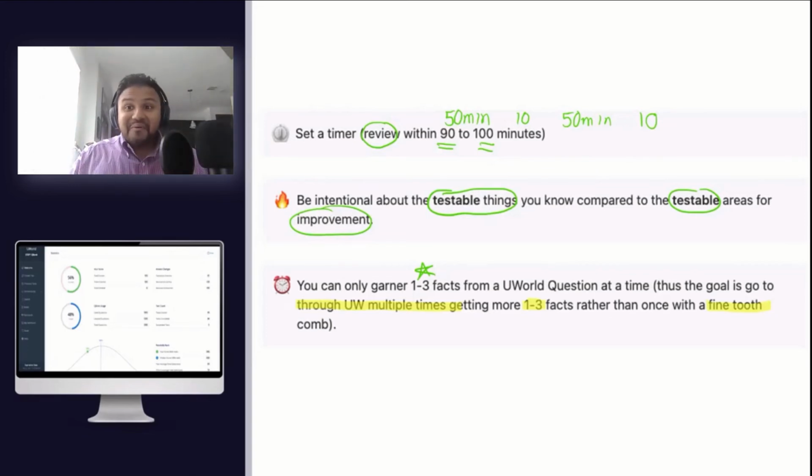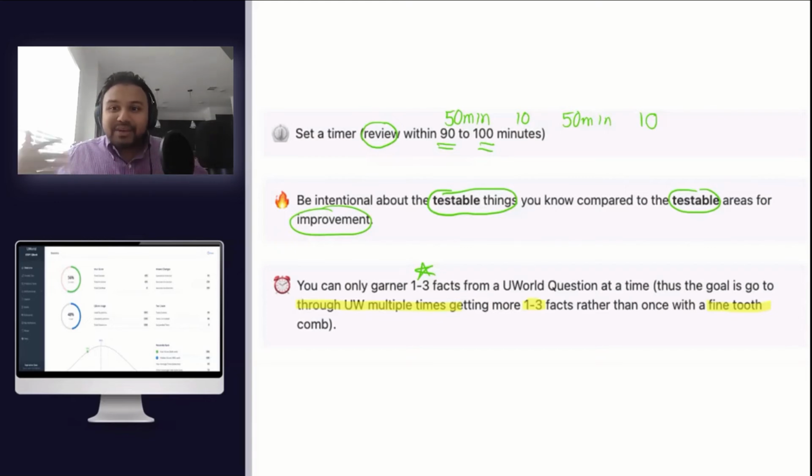What I did, and what I recommend, is that you go through UWorld once in a mixed timed test mode, or during your school year, whatever that is. Then you should do your incorrect questions. Then you should reset the question bank, do it again in a mixed timed test mode, and then do your incorrects after that.